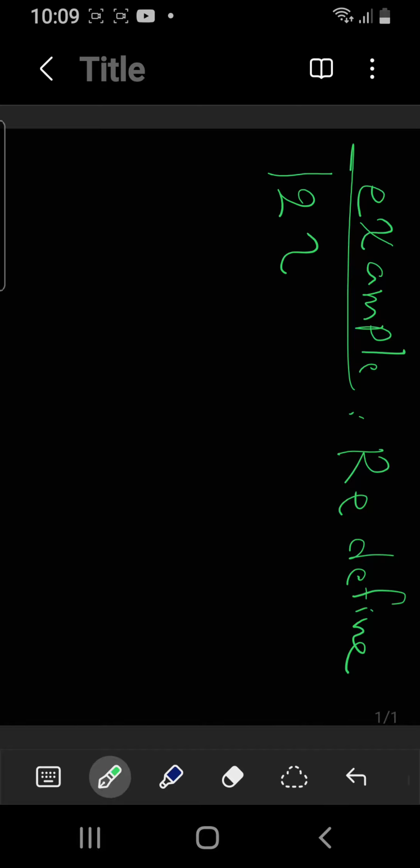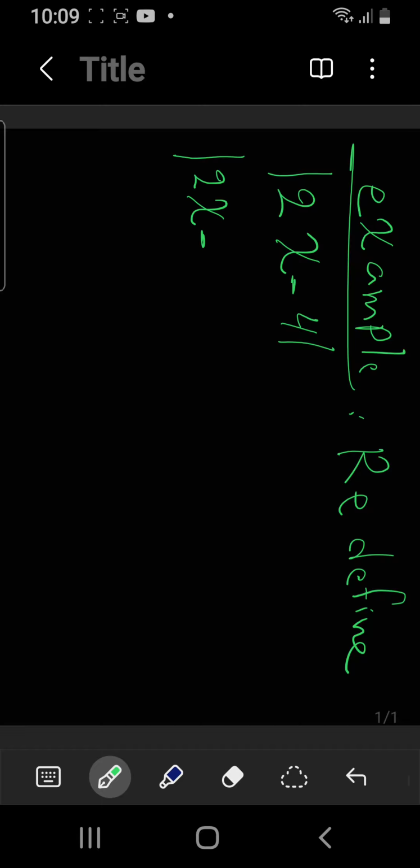Without using the absolute value symbol, redefine the absolute value of 2x minus 4. How can I redefine it?